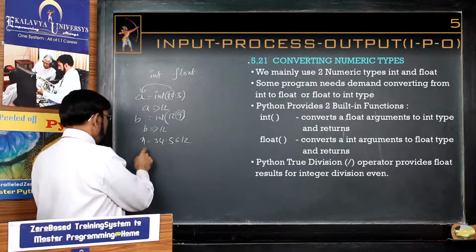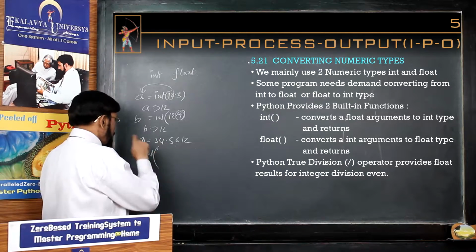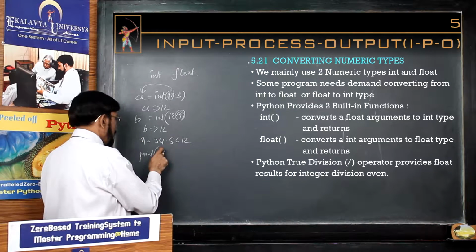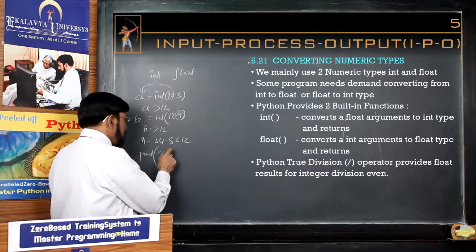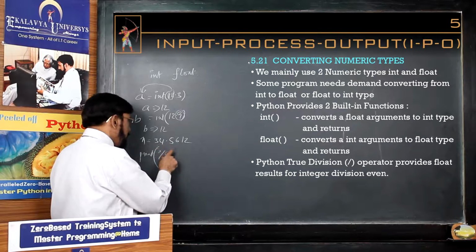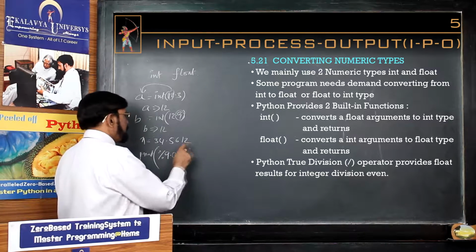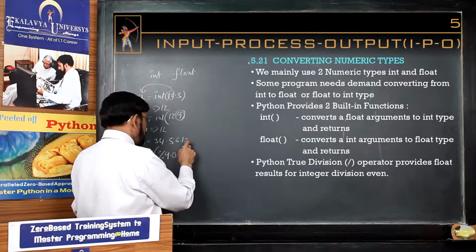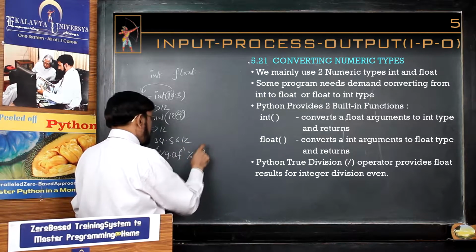Then you are writing this in a print statement: print, percentage 9.0f, you are writing, and percentage n.